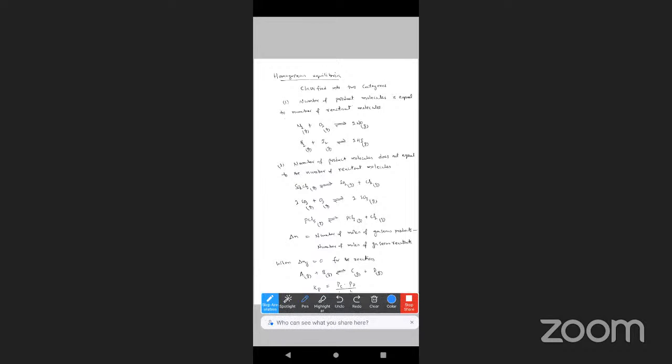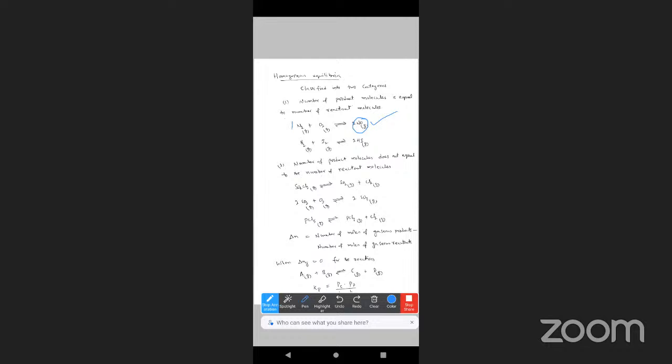Number of product molecules is equal to number of reactant molecules. So take this example: N2 plus O2 gives 2NO, that is nitric oxide. The formation of nitric oxide from nitrogen and oxygen gases is a reversible reaction, and all are gases.